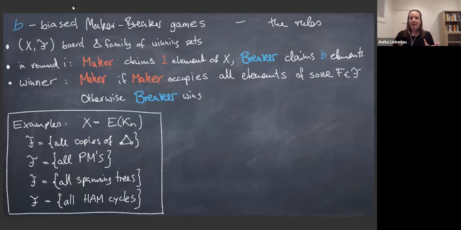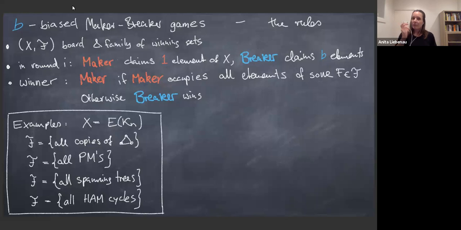A family of winning sets, for example, can be the set of all triangles. So what's then the game? Maker tries to occupy a copy of a triangle, and breaker tries to prevent this. So breaker's aim is that maker does not obtain a triangle. These two goals are opposing, so you always have exactly one player who wins the game.